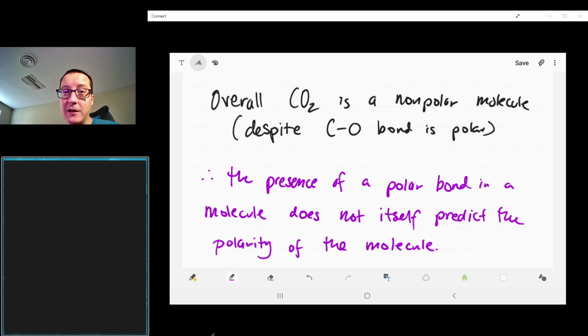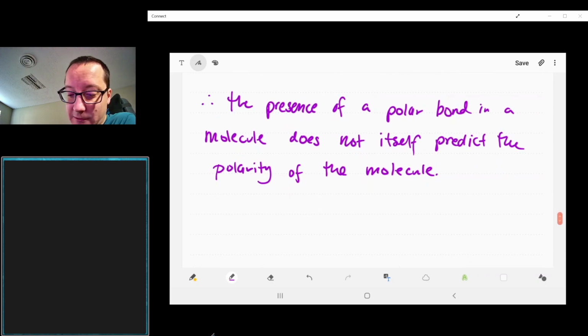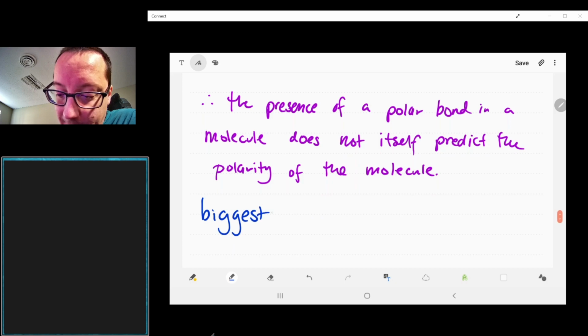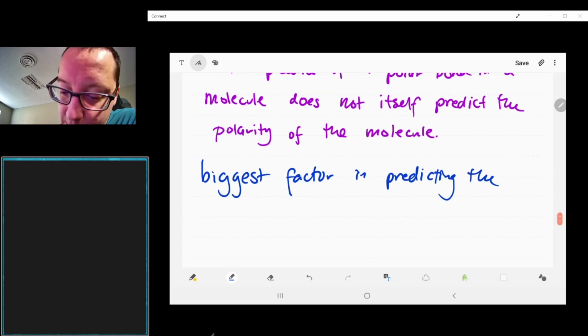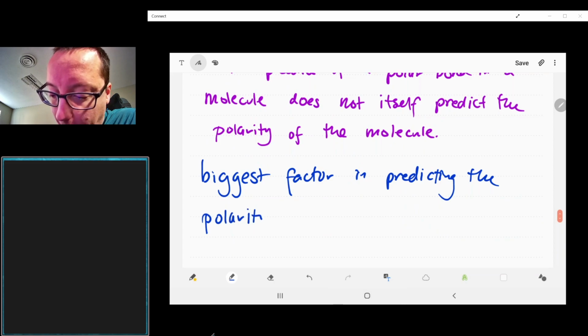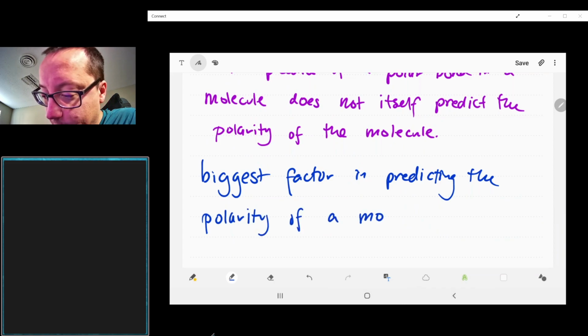We can have nonpolar molecules that have polar bonds. We can have all sorts of different combinations. So just identifying a single bond as polar or nonpolar doesn't tell you about the molecule by itself. You need more information. And we're going to see that the biggest factor in predicting the polarity of a molecule is symmetry.